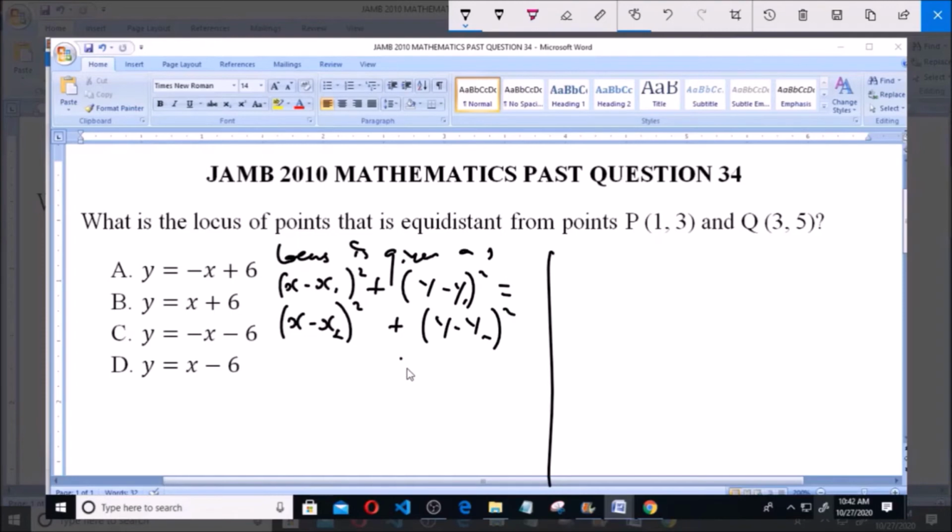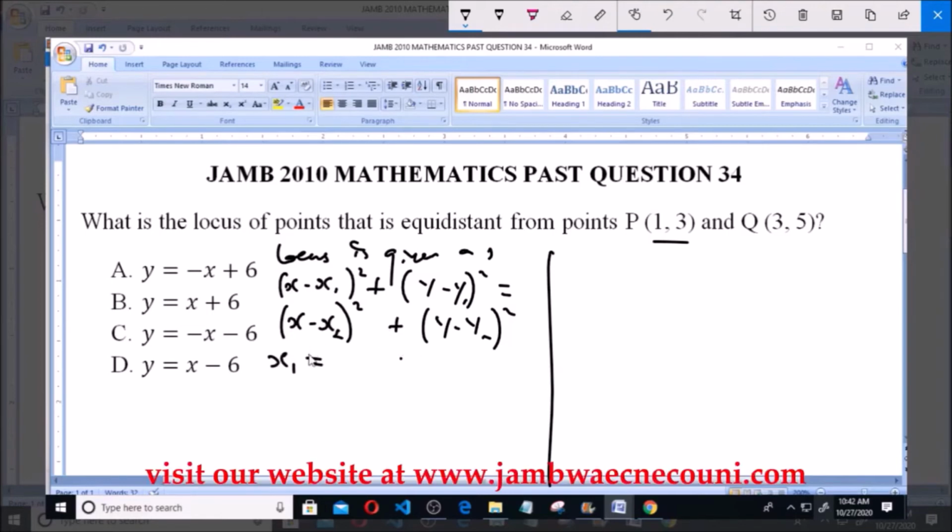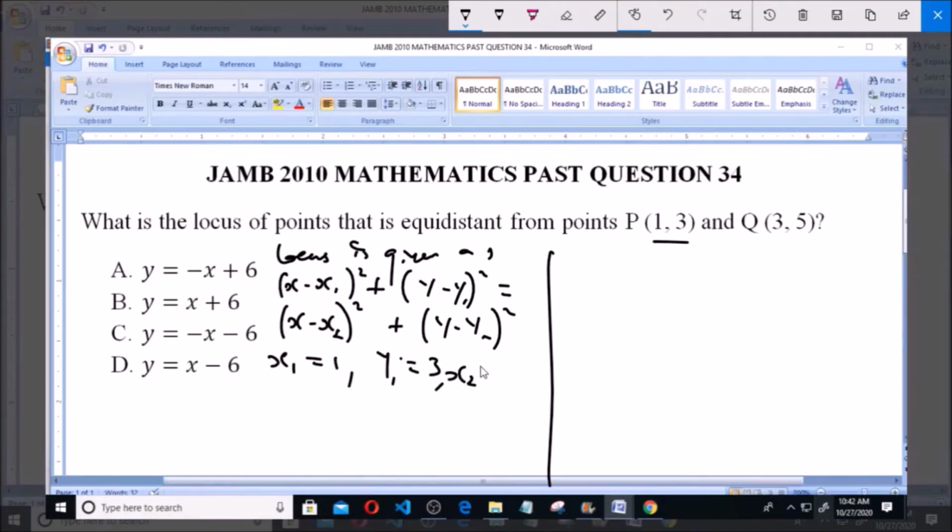Now this is the expression for finding the locus of a point. From the information given to us, we have that x1 is equal to 1, y1 is equal to 3, x2 is equal to 3, and y2 is equal to 5.